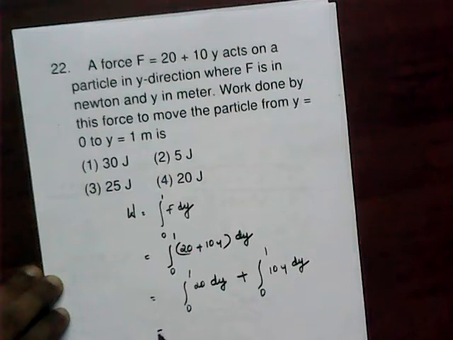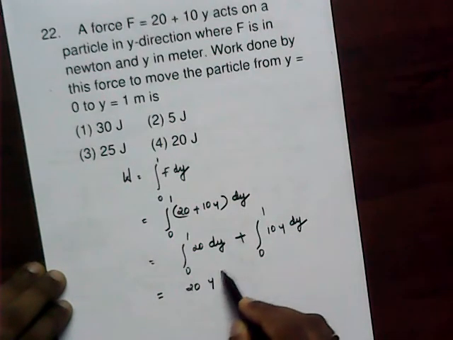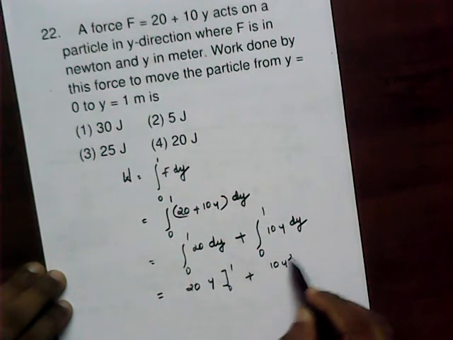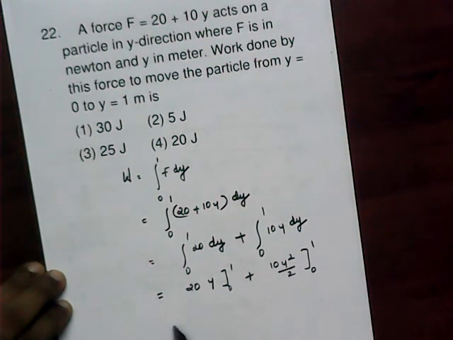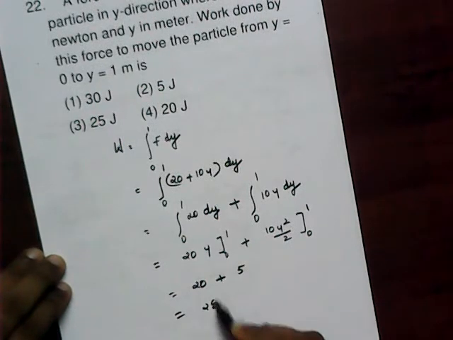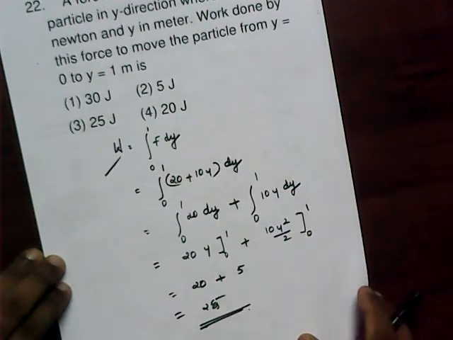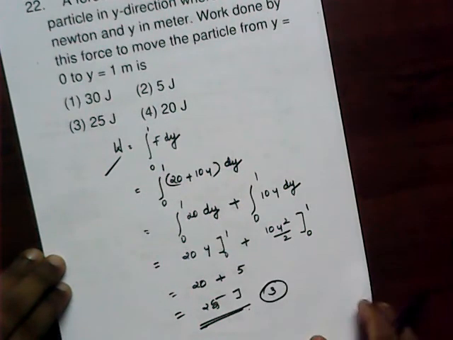That is equal to 20y between the limits 0 to 1, plus 10y square by 2 between the limits 0 to 1. So that is equal to 20 plus 10 by 2, which is 5. So you get the answer as 25. A good concept. So we get the answer as 25 joule, option 3 as the answer.